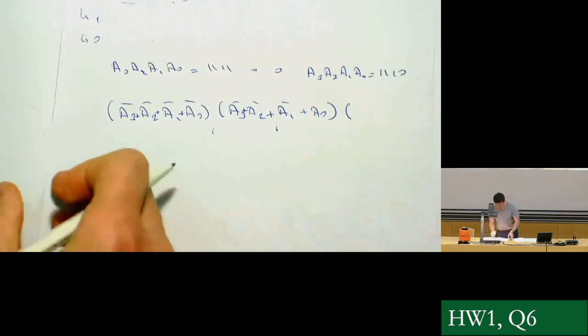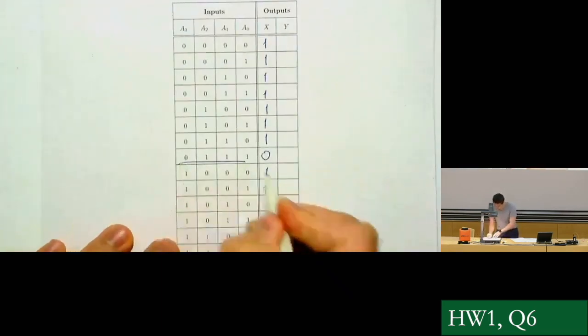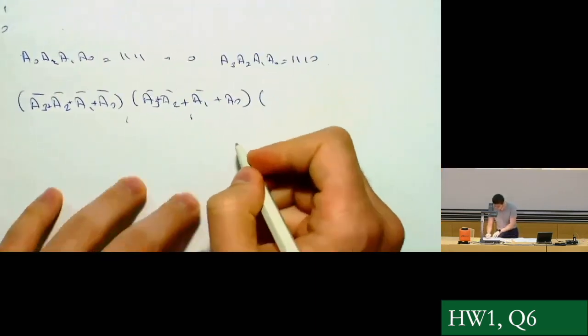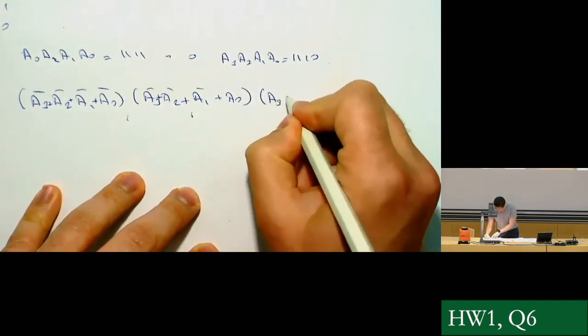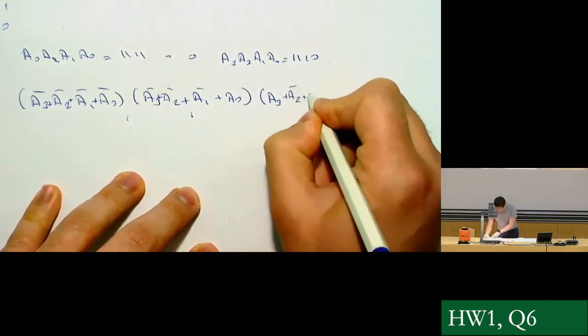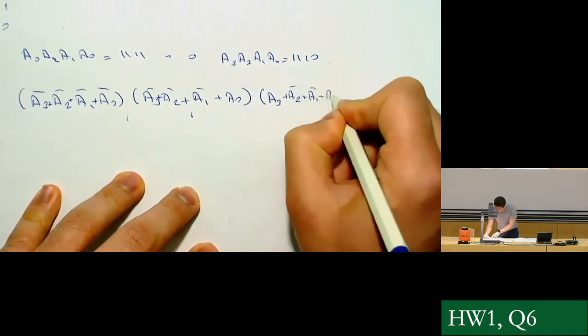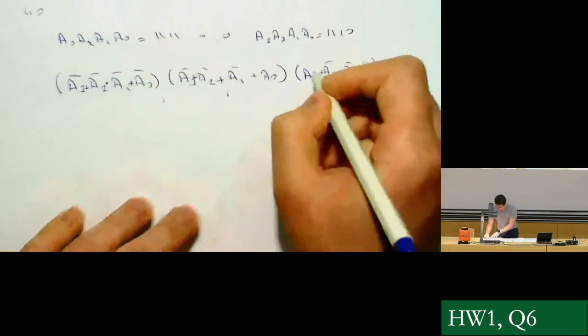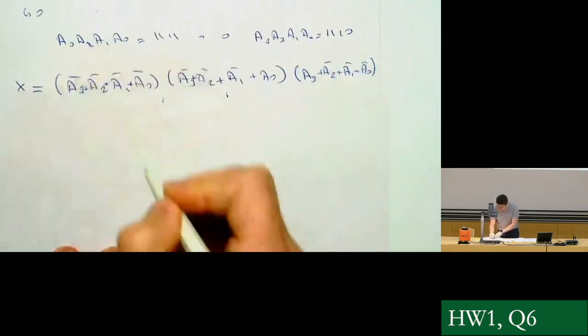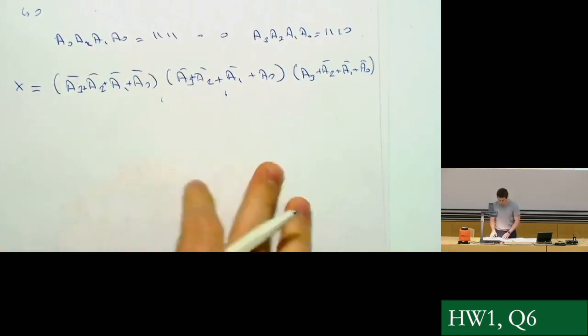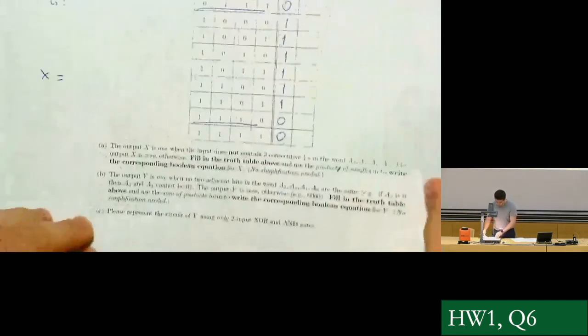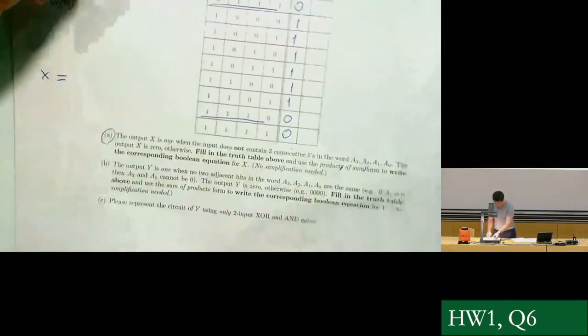And the last one is the remaining case, so I'm going to directly write it. Hopefully you understood the logic here. It will be A3 or A2 not, or A1 not, or A0 not. Those terms are ANDed, and this is X, and this X will be 0 if one of these terms is 0. So this is the solution for A.